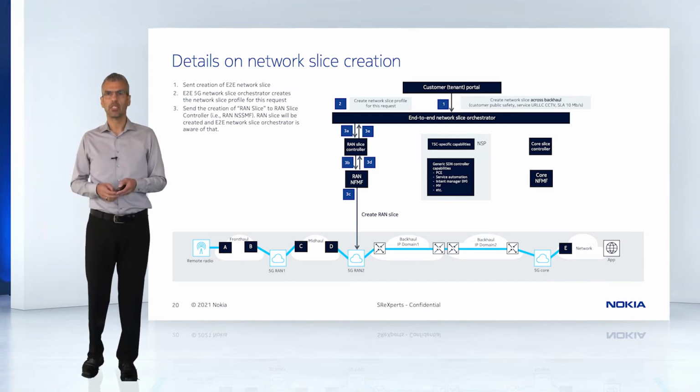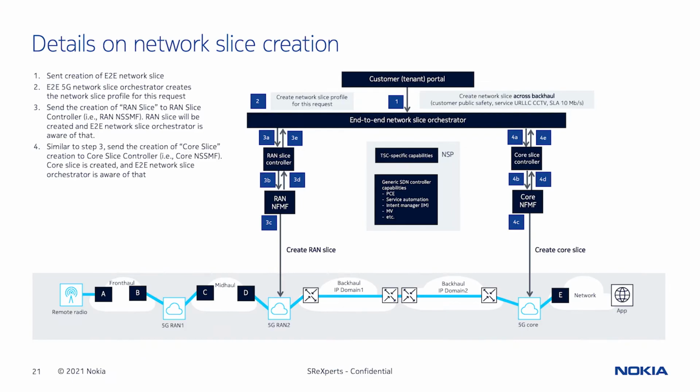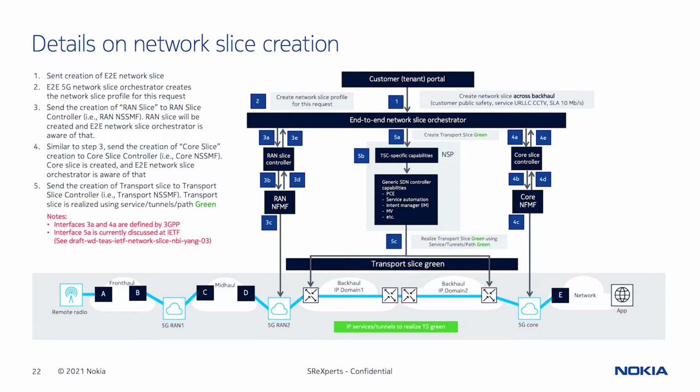The RAN slice will be created. Similarly, if we go through step 4, the core slice will be created. You will see they are conceptually mirror images of each other. And last but not least, the orchestrator sends request 5 to the transport slice controller to realize the transport slice that we need in the network. For example, in this case, transport slice gray.